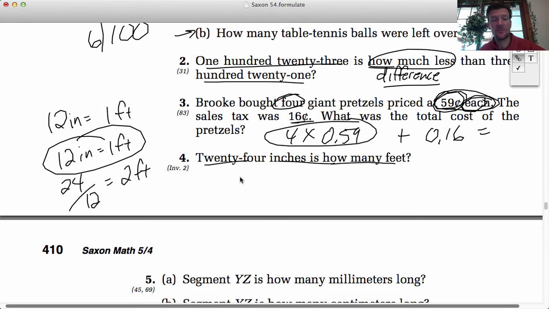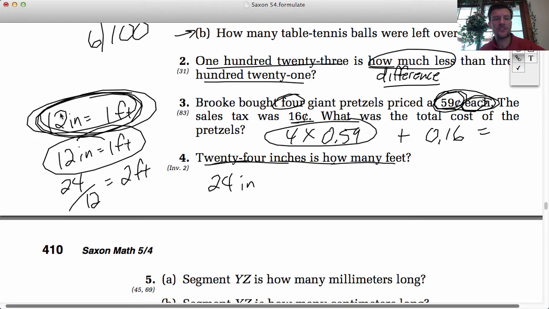Another way to write this would be to take your 24 inches, write that first, and then use this unit multiplier or conversion in order to convert to feet. So 24 inches, and then I put the inches in the denominator because that's what I want to cancel. Feet would go in the numerator because that's what I want to go to, and then I write in these two values. 1 foot is 12 inches.